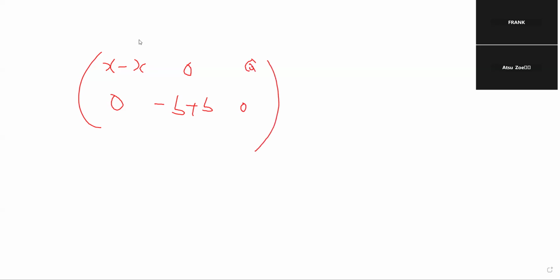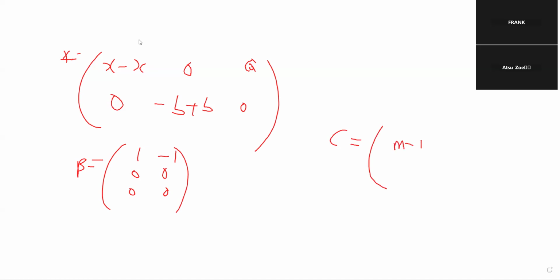Then you have matrix B: 1, negative 1, 0, 0, 0, 0. Then you have matrix C, which is m minus m, 0, 0, 0. So you have these three matrices. Now, which of them is a zero matrix?